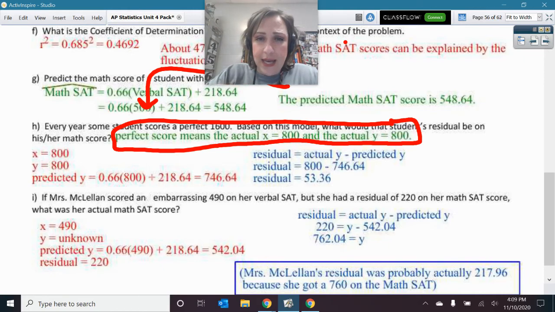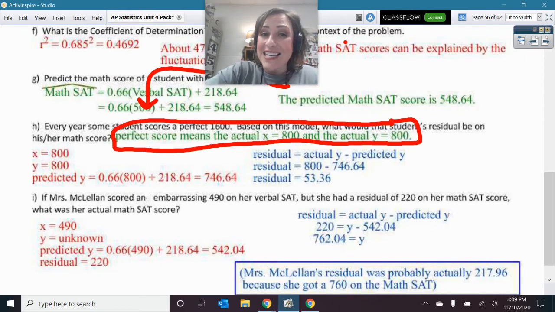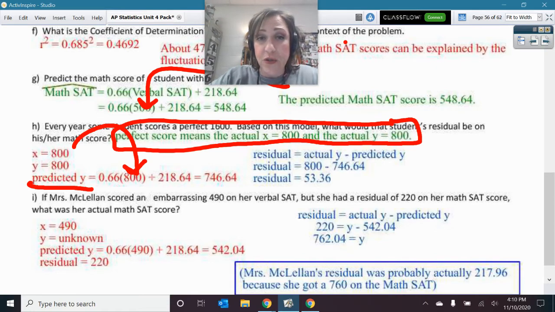So that tells you the verbal score was 800 and that the actual Y was 800. So you can then figure out what the predicted Y is by plugging the X of 800 into the prediction equation.